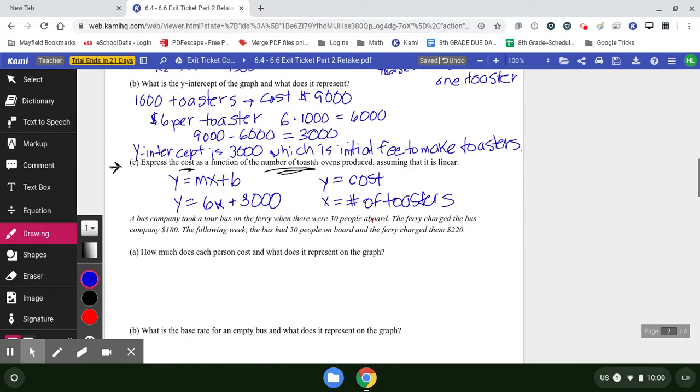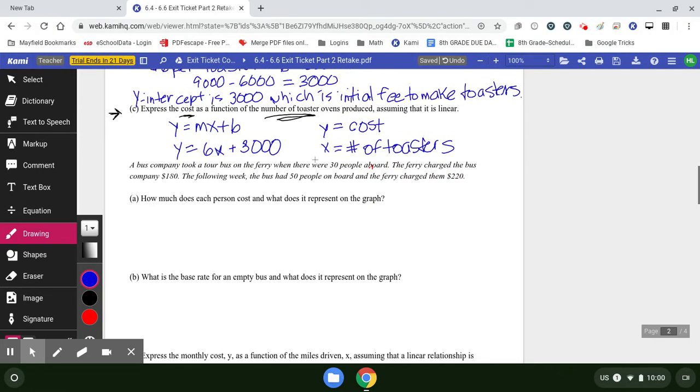Let's go down about the bus company. So a bus company took a tour bus on the ferry when there were 30 people aboard. The ferry charged the bus company $180. The following week, the bus had 50 people on board, and the ferry charged $220.